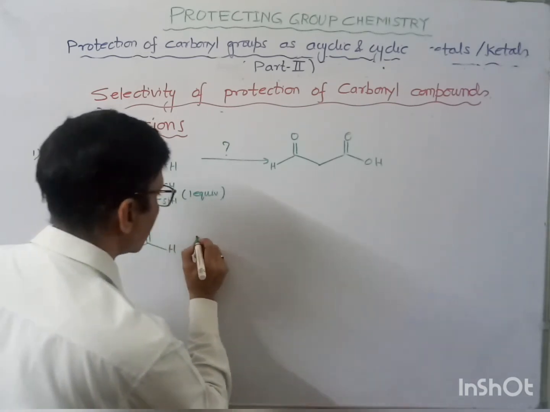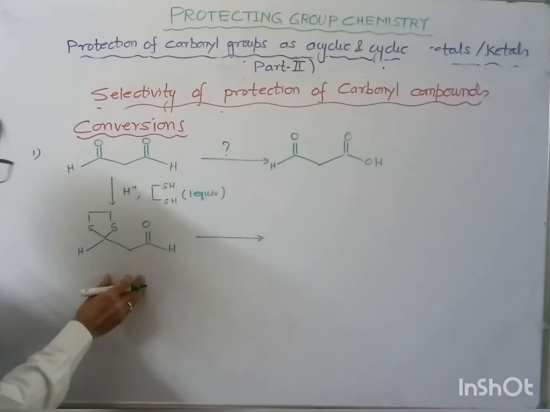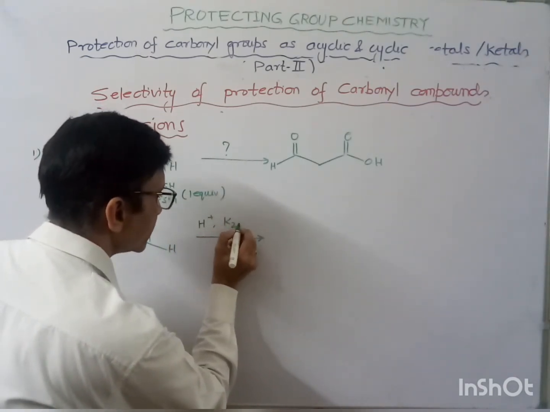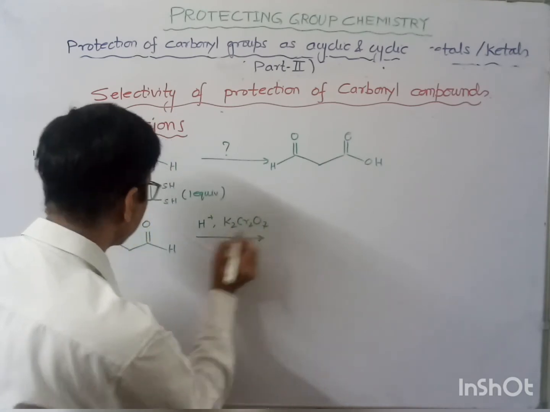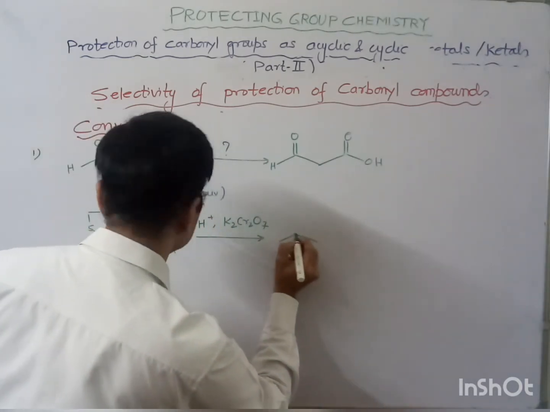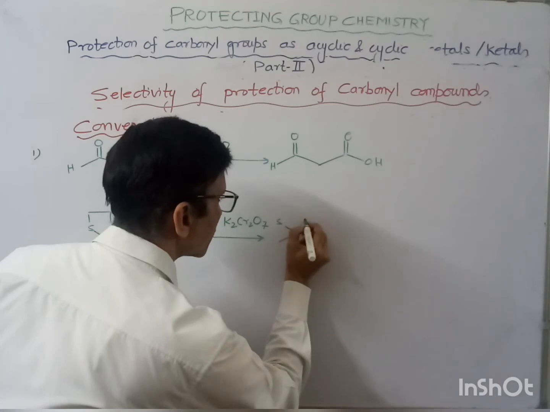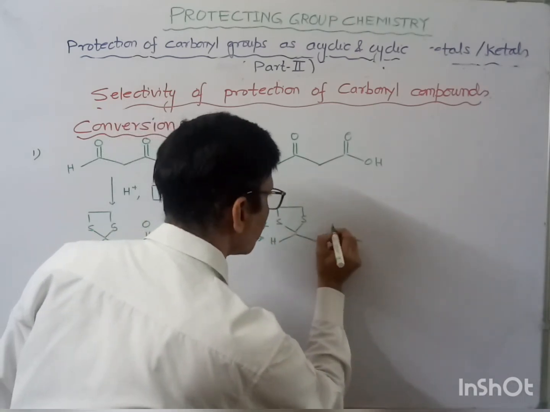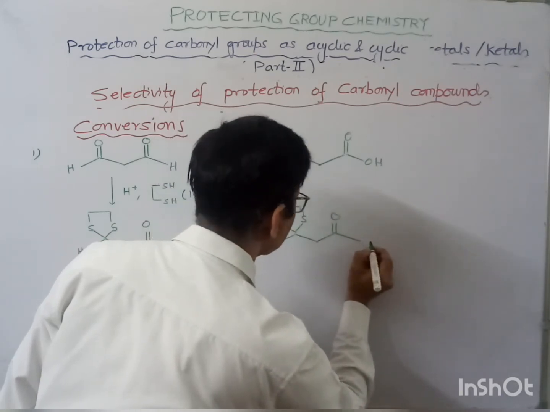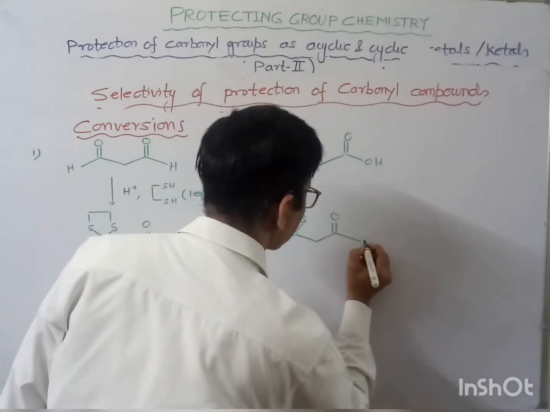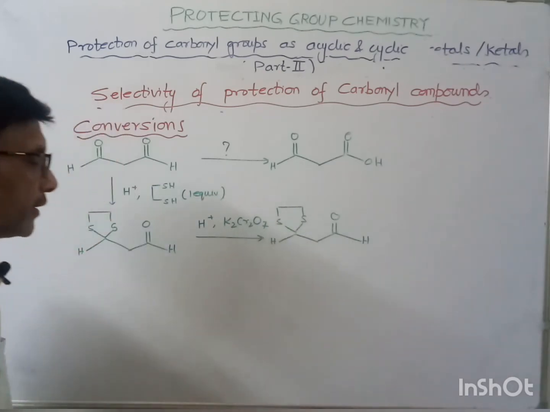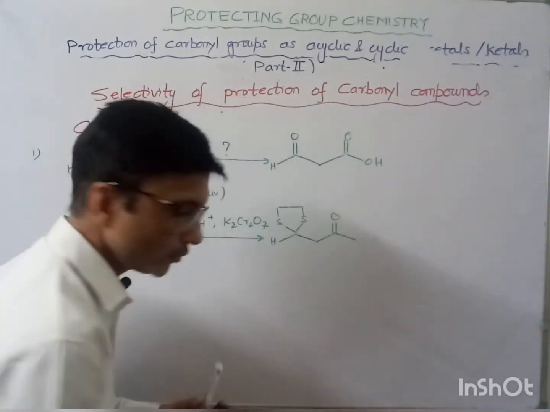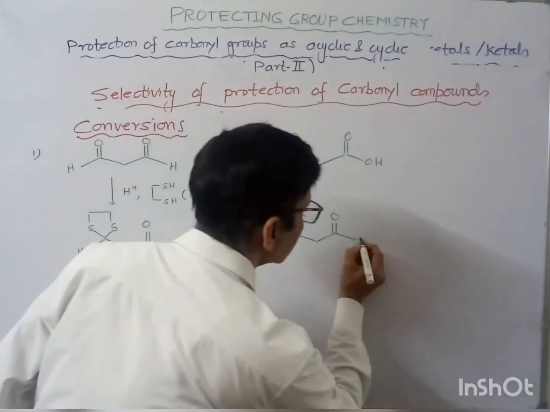And in the next step we can oxidize this one. Suppose we take an oxidizing agent, potassium dichromate, then this will get converted into this acid.